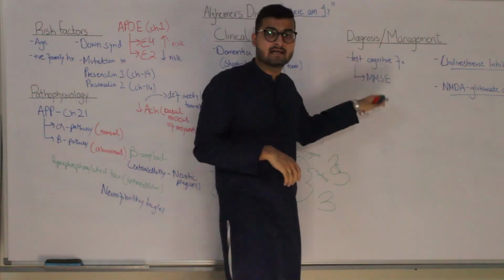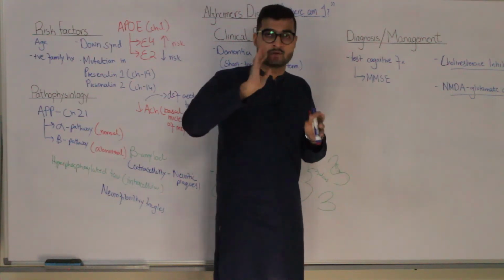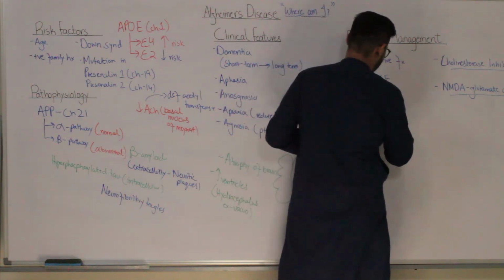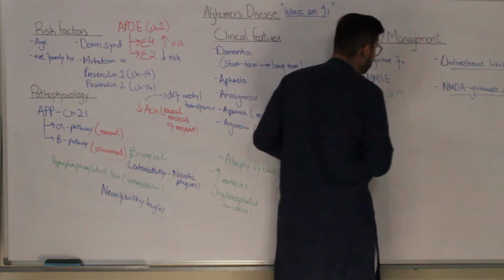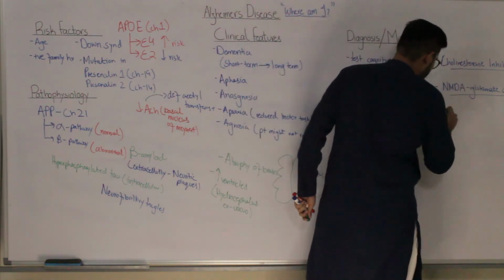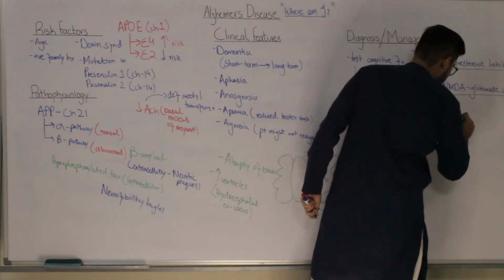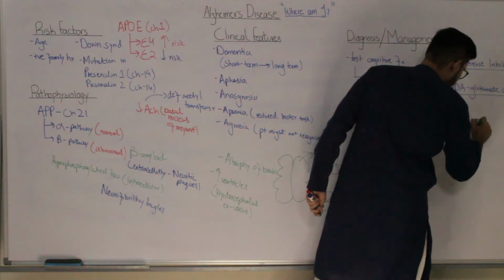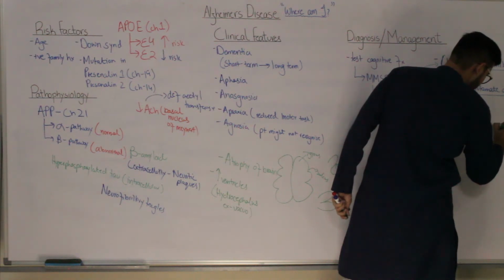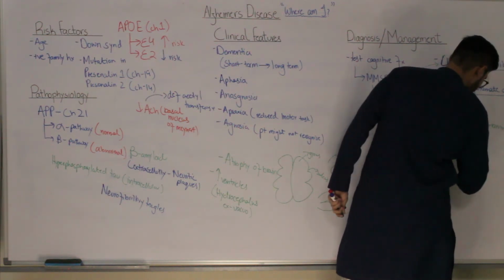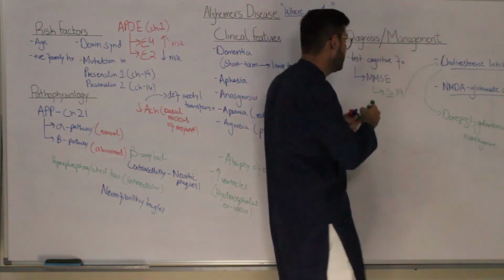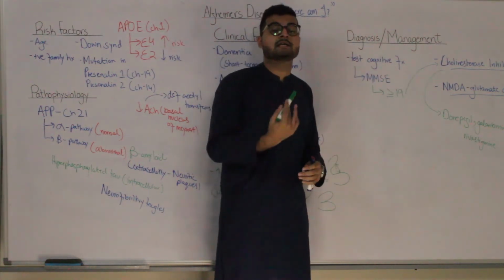If you get a mini mental state score of greater than or equal to 19, you will give the patient cholinesterase inhibitors. Cholinesterase inhibitors are basically donepezil, galantamine, rivastigmine. These are what you give to a patient with a mini mental state score of 19 or more.